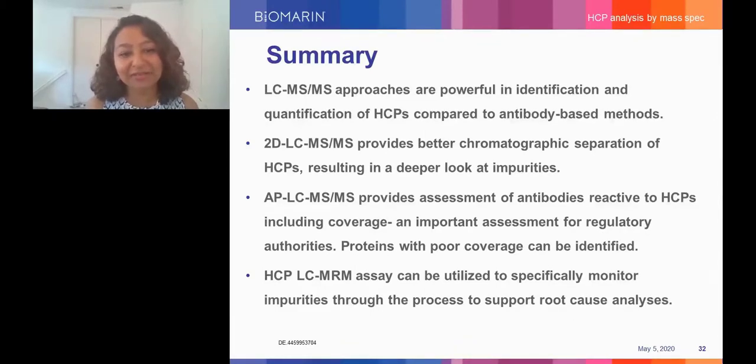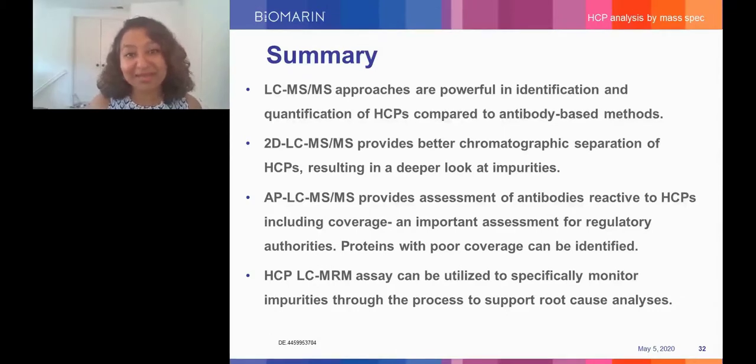And this kind of assessment of antibody coverage is very, very important for regulators to see, to know that the commercial assay has been developed and is able to have good enough coverage to have confidence in commercial release. Proteins with poor antibody coverage can also be identified using these methods, and the commercial assays can be supplemented accordingly if needed.